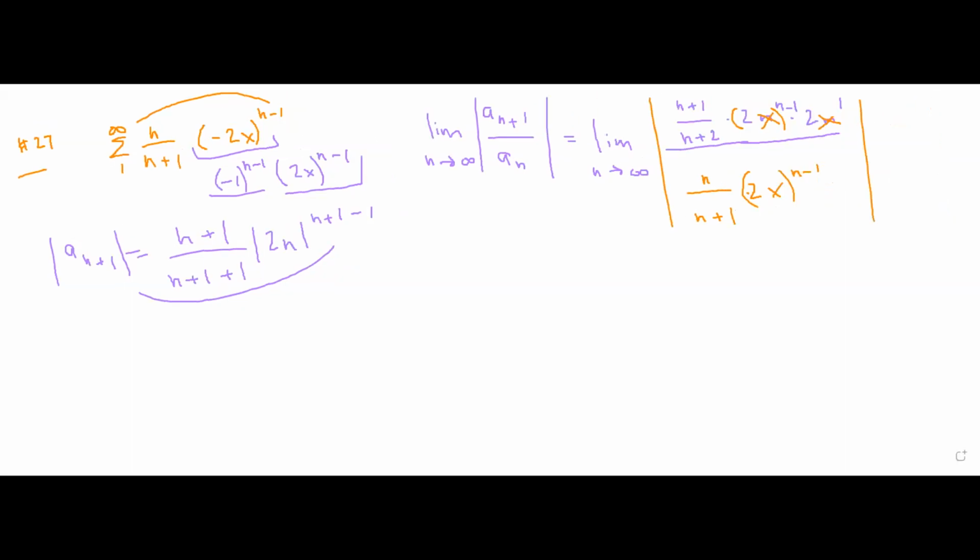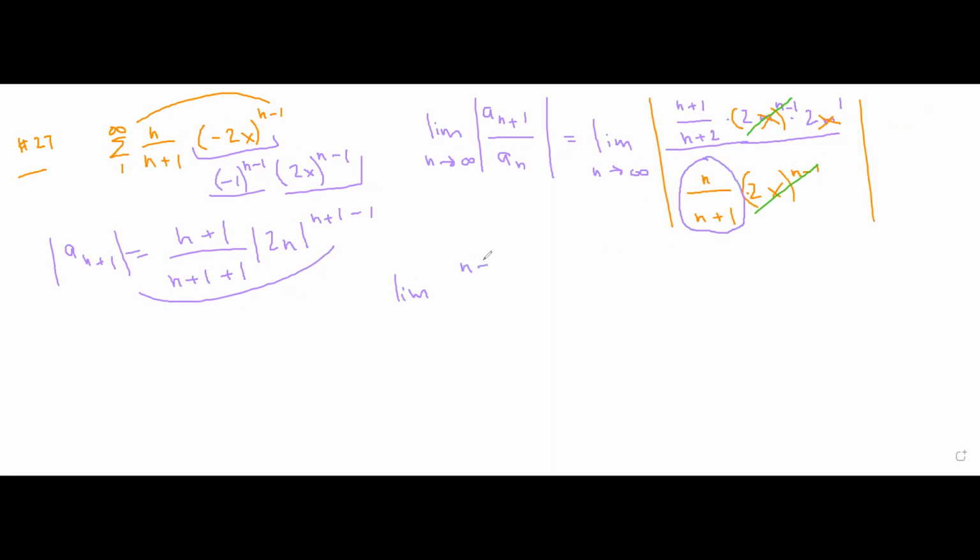So time to cancel, that's what I was actually preparing for. And then we're going to see what's left, right? And do a little bit of algebra. So we get a limit of, now my fraction from the denominator is going to flip.